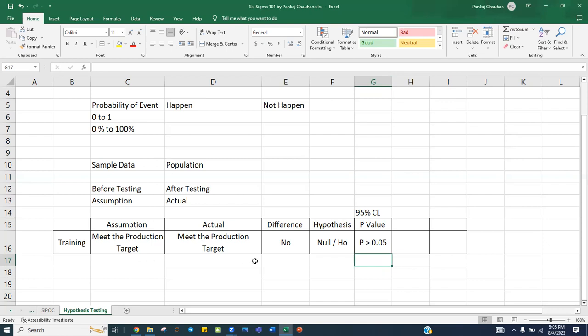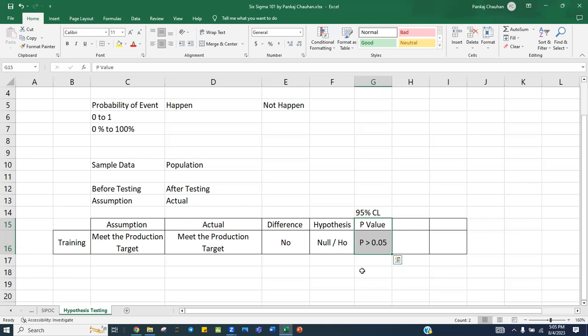When you run the initial sample at the start, maybe on day 1, day 2, or 1 hour, 2 hours, when the machine is running, you found that you are meeting the target, the machine is running as per expectation. So your hypothesis is proven as per your assumption, you will meet the actual number. So you are crossing the risk level and the p-value will be greater than 0.05.